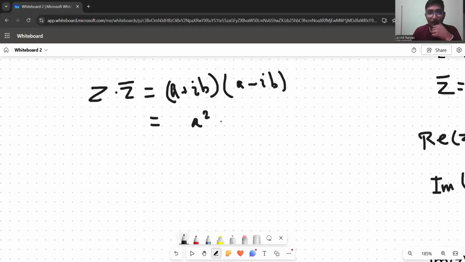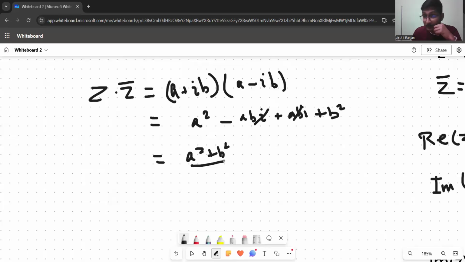A into minus iota B, so we'll get minus iota AB plus AB iota, and then B square, and a minus, and I square also gives a minus, so minus minus plus. We get B square. This gets cancelled. We get A square plus B square. Does this ring a bell?